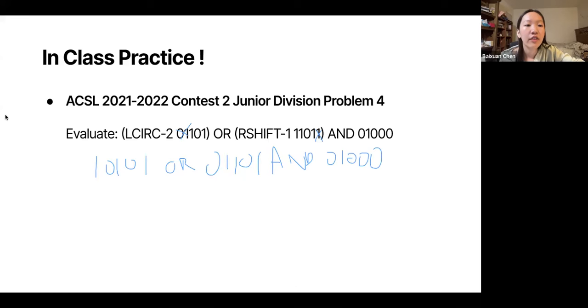Yeah, so for this one, what we do is the AND, and we notice that the only digit where both of them is 1 is the second digit, so it'll be 1 0 1 0 1 OR 0 1 0 0 0, and then it will be 1 1 1 0 1. Yeah, because for OR, at least one has to be a 1. Okay, so let's keep going.